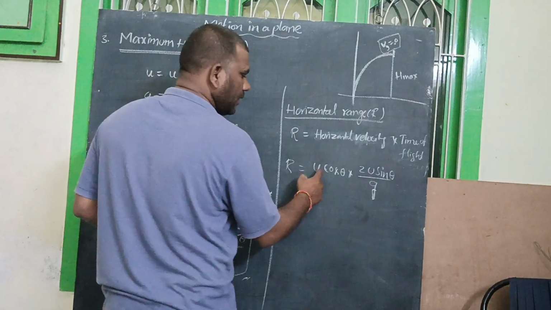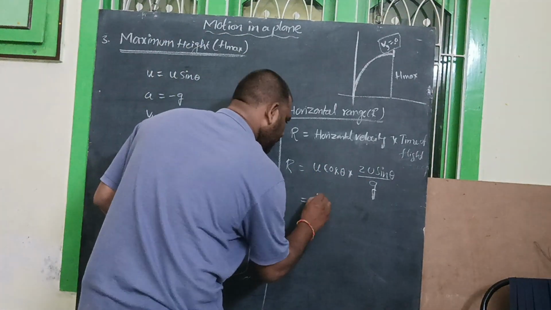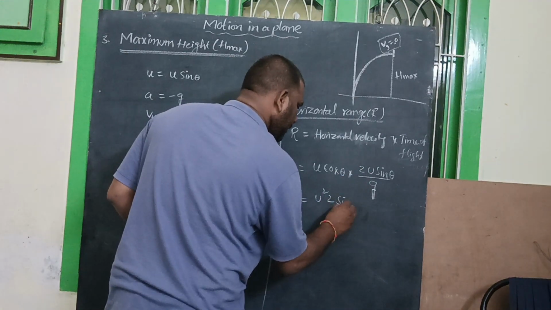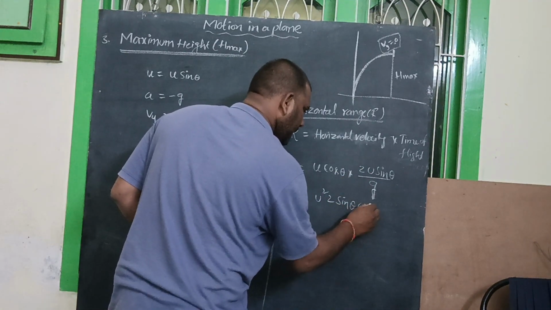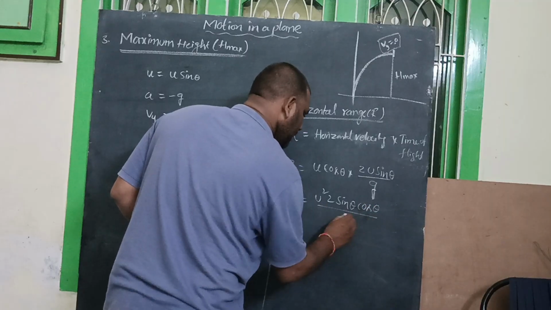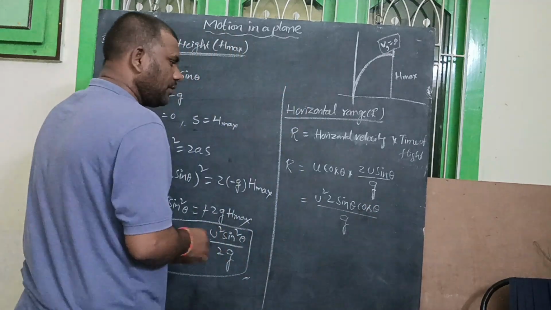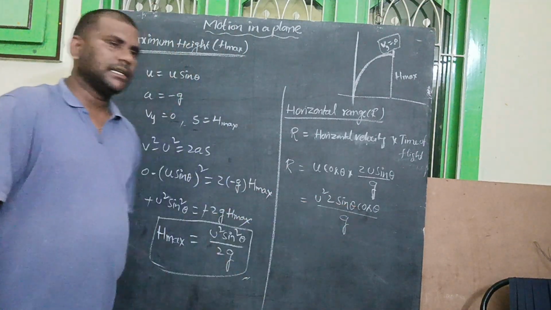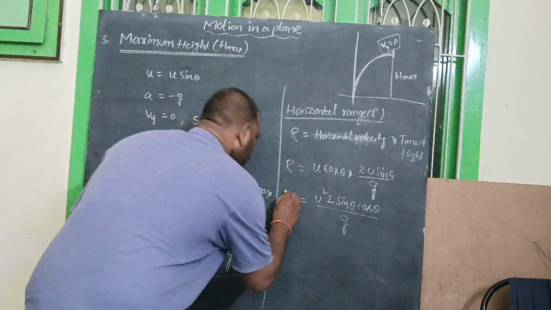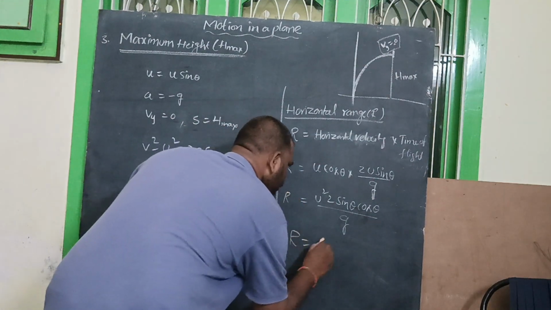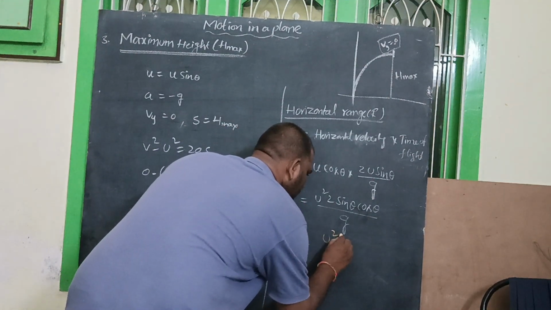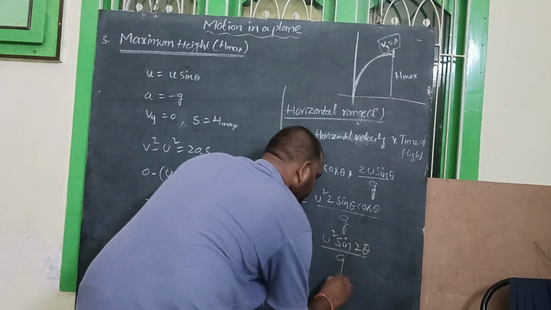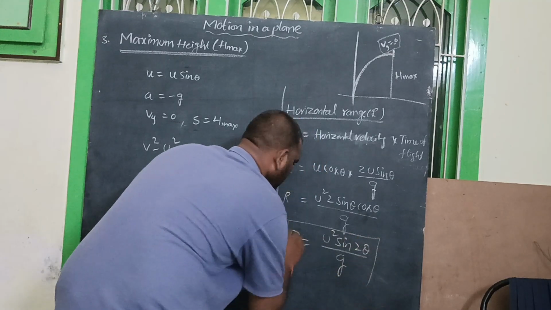So we can write u into u, that is u square, 2 sin theta cos theta by g. You know the formula: 2 sin theta cos theta is sin 2 theta. Therefore R is equal to u square sin 2 theta by g. That is the range formula.